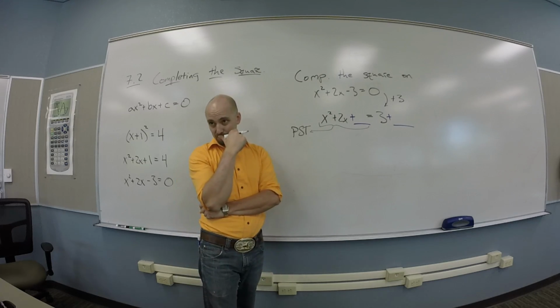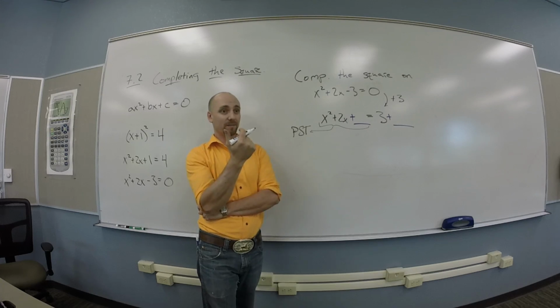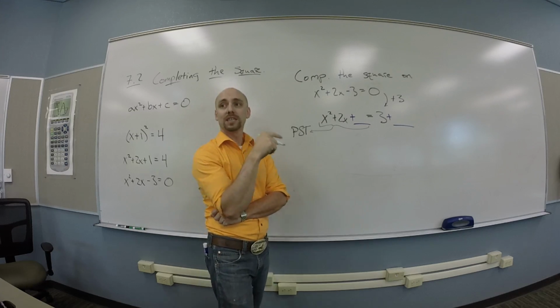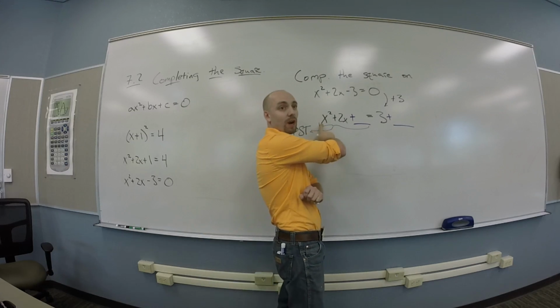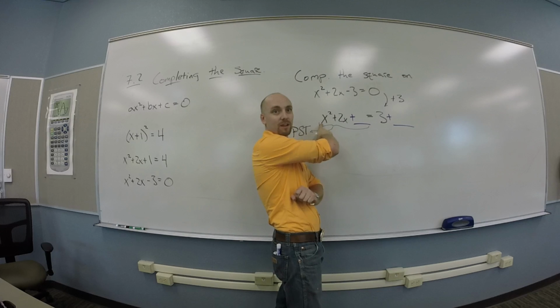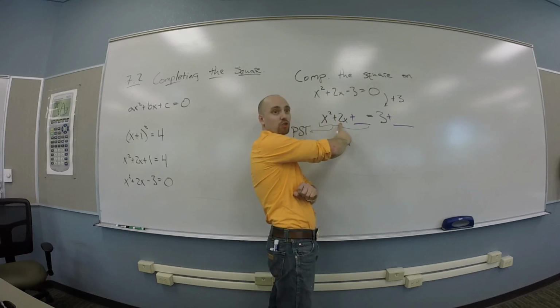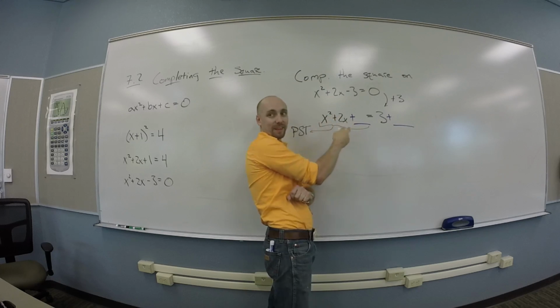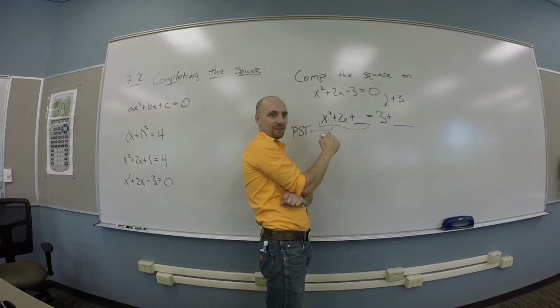Is it 2? That's 1. It's a 1. Wait, but it's 2 divided by... So remember, the PST has something squared, plus twice the beginning thing and the end thing, right? You guys see that? Okay.